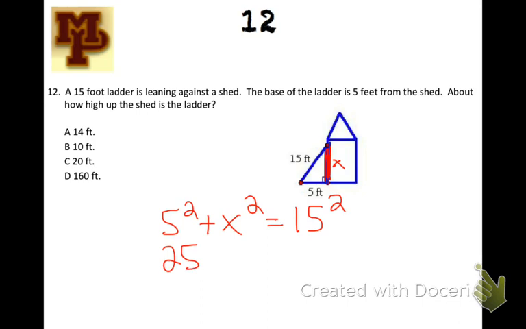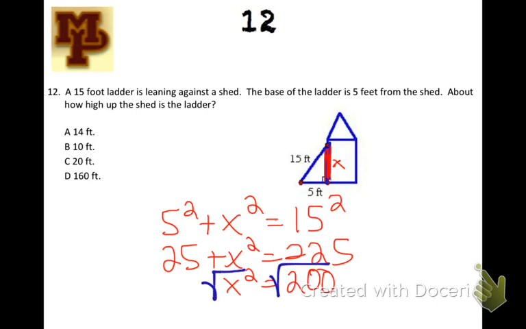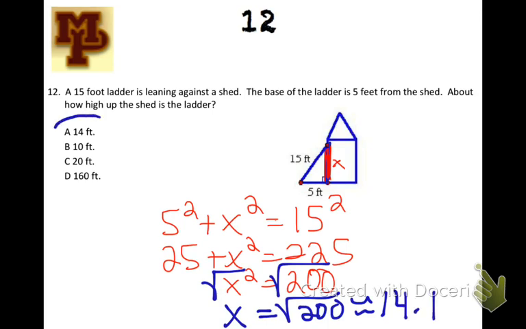So we have 25 plus x squared equals 225, x squared equals 200. Then we take the square root of both sides. So x is the square root of 200, which is close to 14, it's 14.1. It says about how high is it? So 14 is definitely the closest.